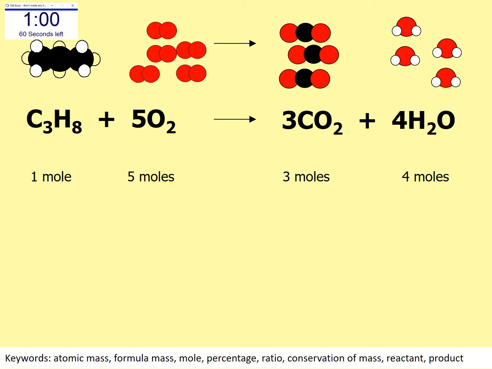So what I want you to do is to predict how many moles of the oxygen, carbon dioxide and water would be needed if we started off with 10 moles of propane, 2 moles of propane, 0.5 moles of propane, or 3 moles of propane. Remember, you need to keep the molar ratios the same in each case. I'm just going to give you 1 minute to actually work through this, if I can get the timer to work.